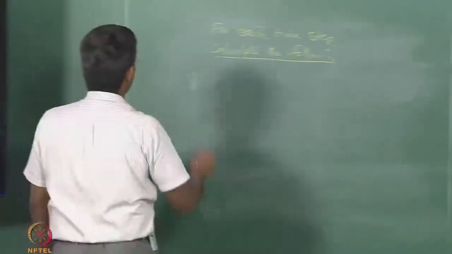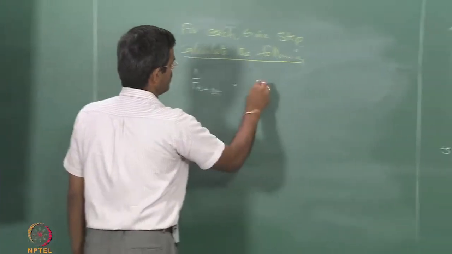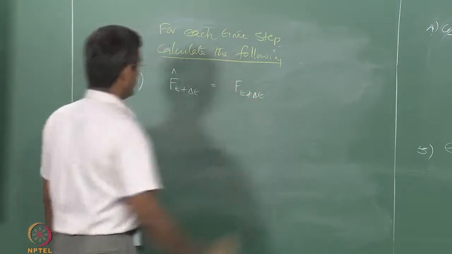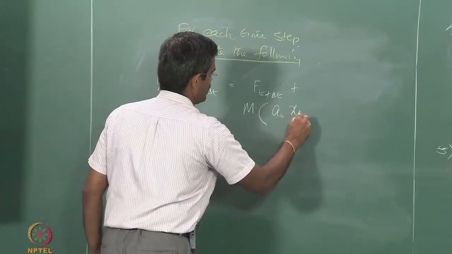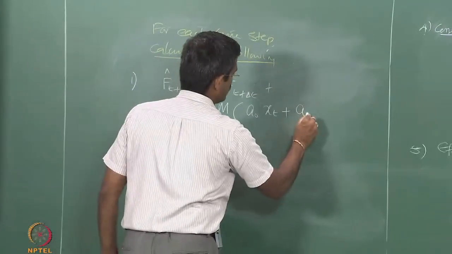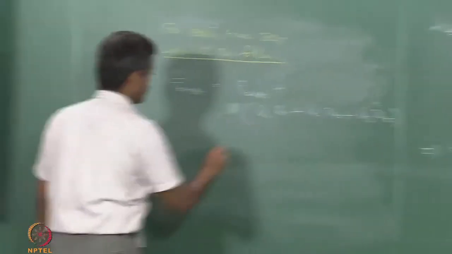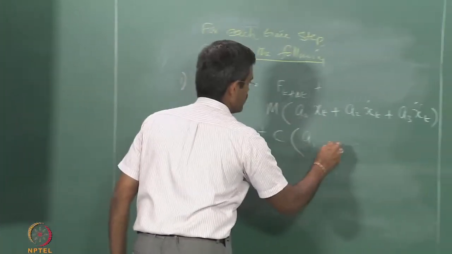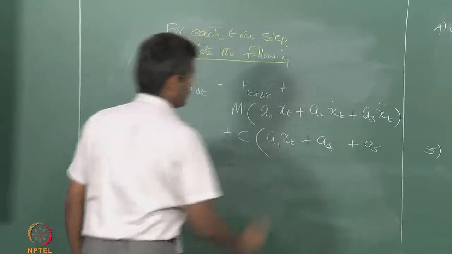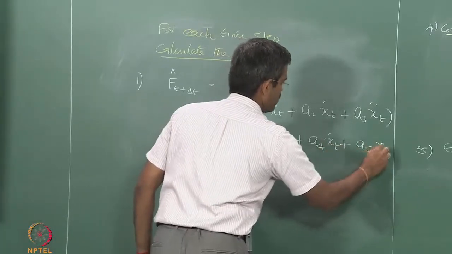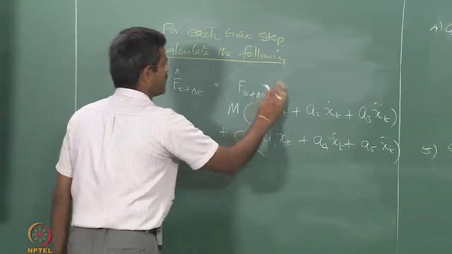Let us say f hat of t plus delta t, which will be given by f of t plus delta t plus m times of A0 x of t, A2 x dot of t and A3 x double dot of t, plus c times of A1, A4, A5 times x of t, x dot, x double dot. Okay, I will put the plus here.